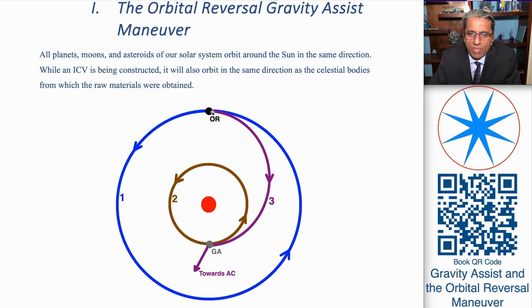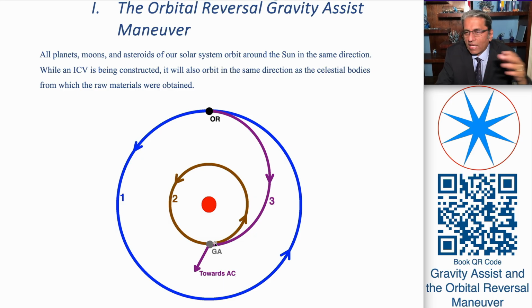You assemble it, and then if you reverse its direction of motion, it's going to come down. If this is the orbit of Venus, it's going to approach Venus in the other direction from which Venus is traveling.